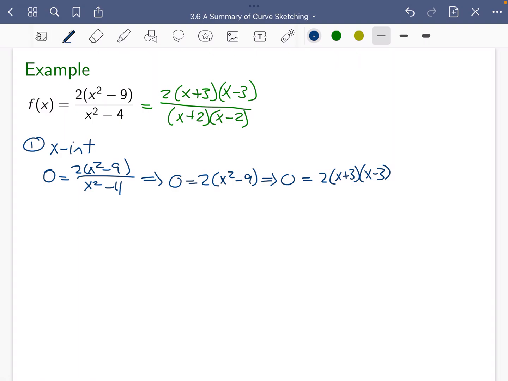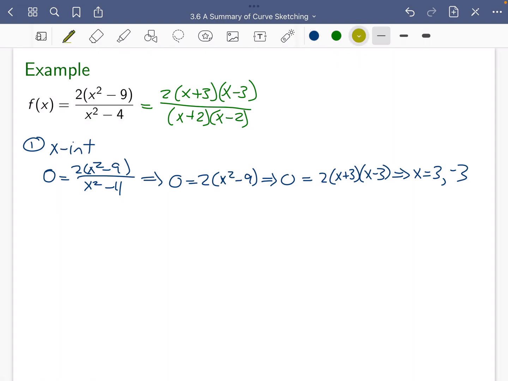If we set each one of these pieces equal to 0, so 2 is never equal to 0, x plus 3 equals 0 when x is negative 3, x minus 3 is equal to 0 when x is equal to 3. So x equals 3 and negative 3, those are going to be x-intercepts that we have.